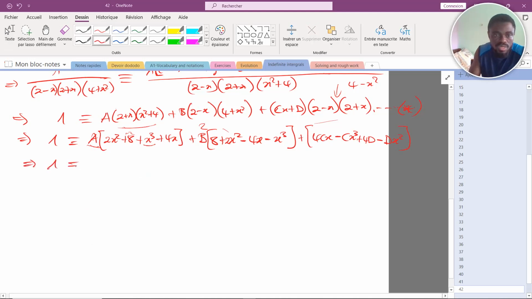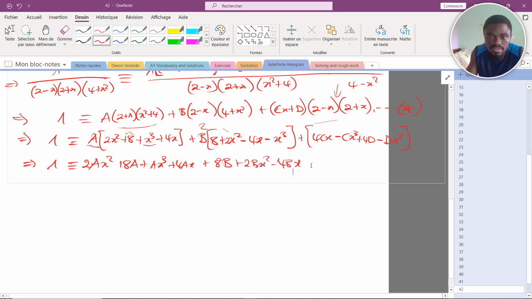So this implies 1 will be identical to 2ax squared, plus 8a plus ax cubed plus 4ax plus 8b plus 2bx squared minus 4bx minus bx cubed.